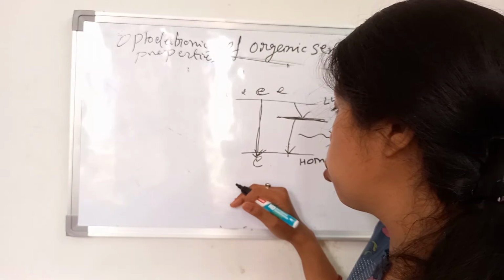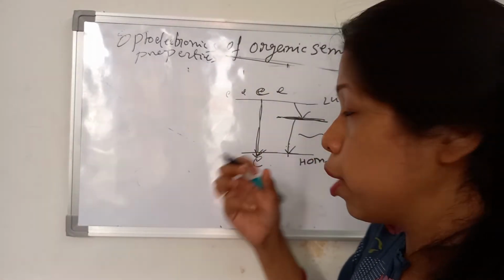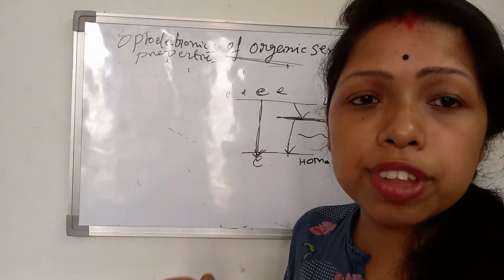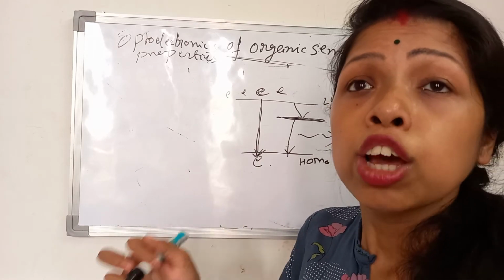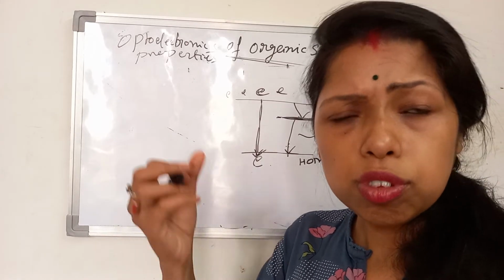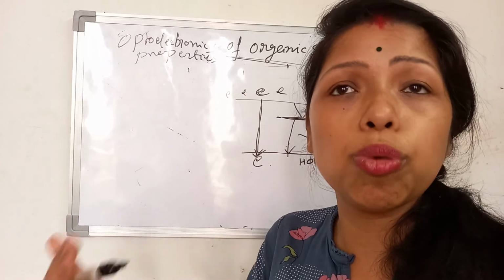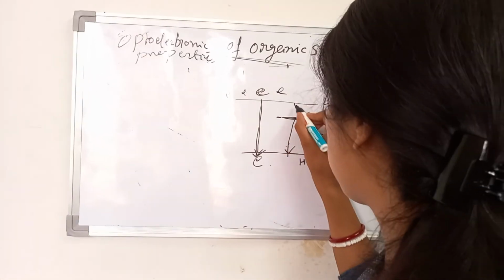But non-radiative recombination is related to the phonon only. Emission will take place, but this emission consists of phonons instead of photons. So we will not get any wavelength of light. We get the radiation in the form of heat energy, not in the form of optical energy.